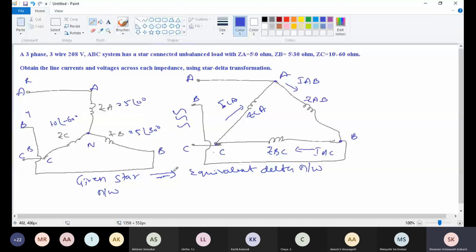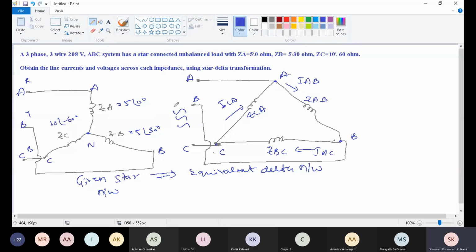Now we need to calculate ZAB, ZBC, ZCA. That is nothing but ZA, ZB, ZC. Fine. Now calculate and tell me ZA, ZB, ZC.